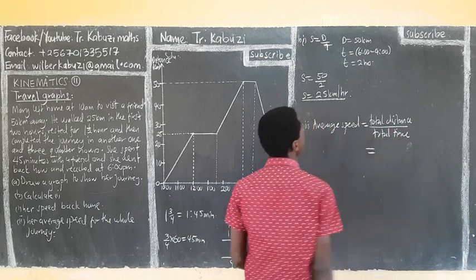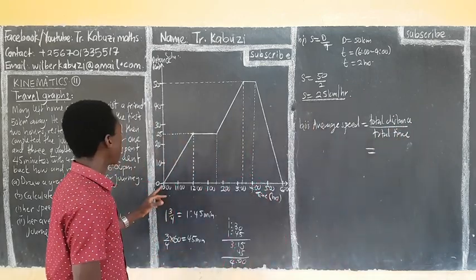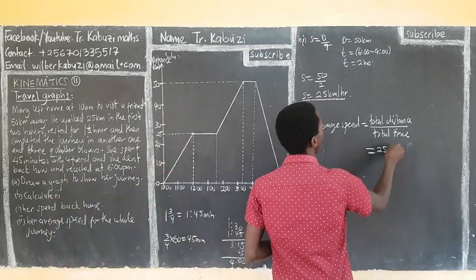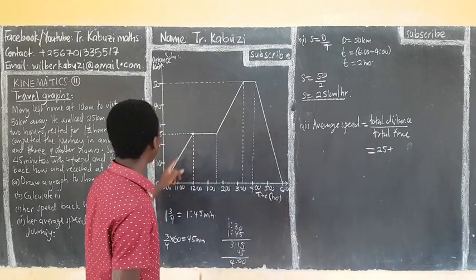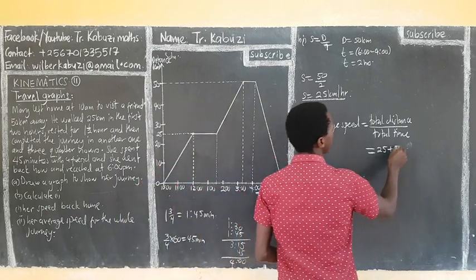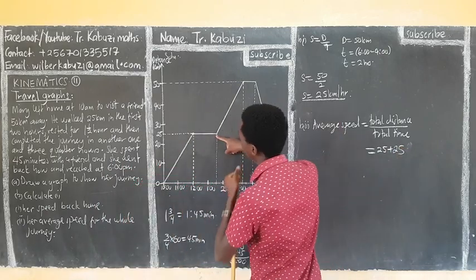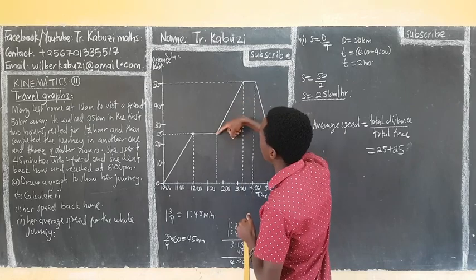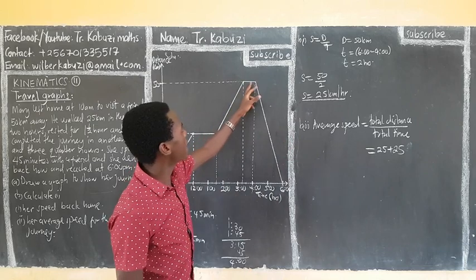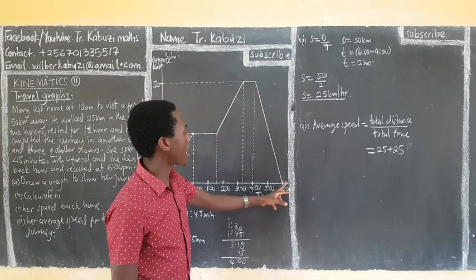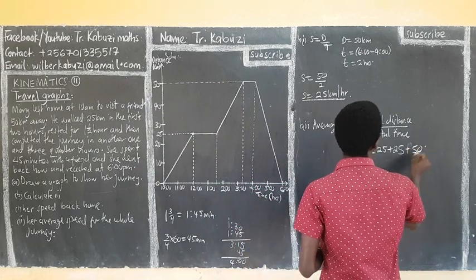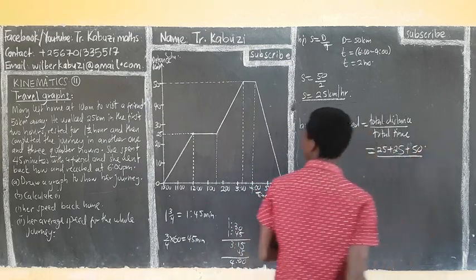Now our total distance, she covered from here up to here 25, so we have this 25 plus, from here up to here another 25, here she had 0, then from here up to here, she covered 50 kilometers. Then plus 50 kilometers.